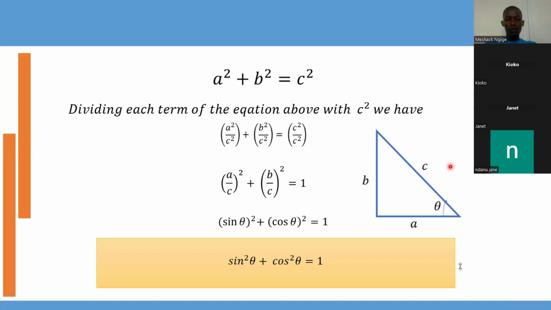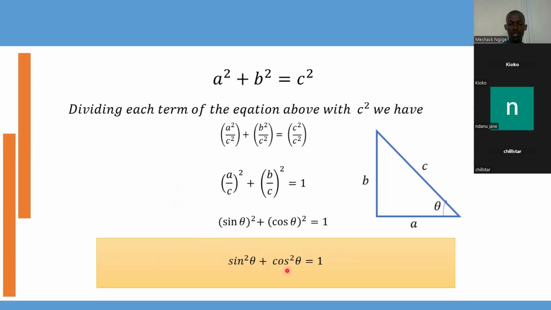Then you take the square outside, because the square applies to every term inside the bracket. And c squared over c squared gives you 1. So we have the first trigonometric identity, which is sine squared theta plus cos squared theta equals 1.